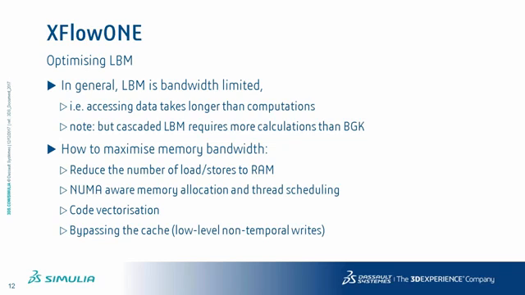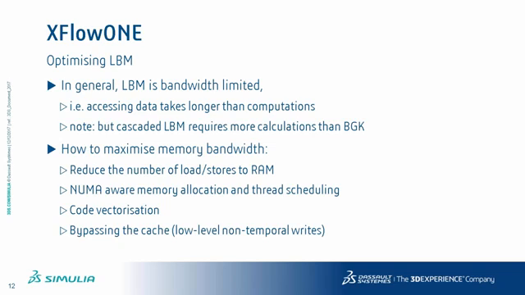For example, reducing the load-store operations, making the code aware of the architecture of a NUMA configuration, so with multiprocessors, multi-caching, and trying to exploit that. And of course, going to vectorization of the code, so trying to write code in a really low-level coding language, but which exploits more the actual architecture, the hardware itself.